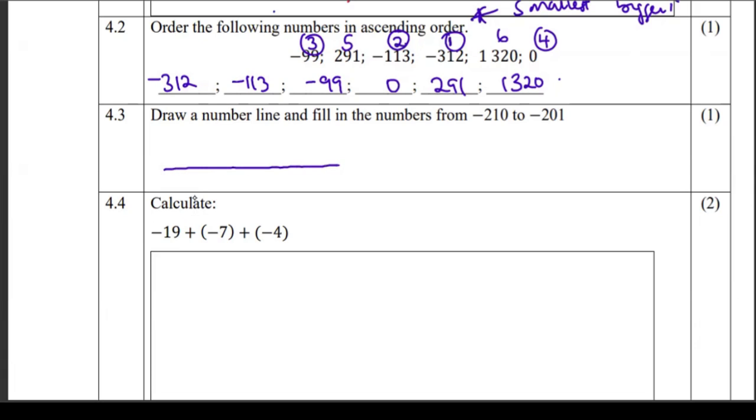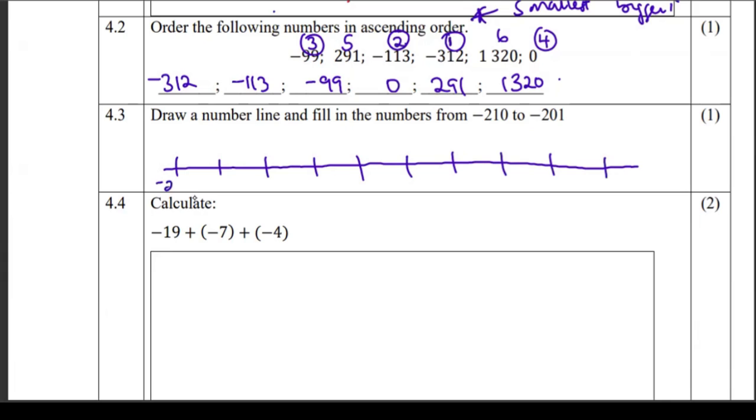So they want us to see where do we represent those numbers. So if this is 2, 3, 4, 5, 6, 7, 8, 9, I'll say 10.